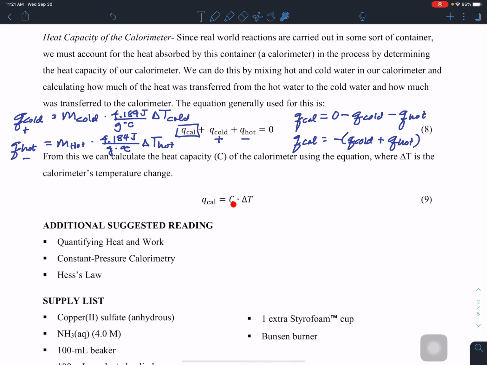Q cal is C, where this C is the heat capacity, not the specific heat capacity, but the heat capacity. And we're going to use heat capacity here because the mass of the calorimeter is not going to change during the experiment. And so really what the C is, it's the specific heat capacity of the calorimeter times the mass of the calorimeter.